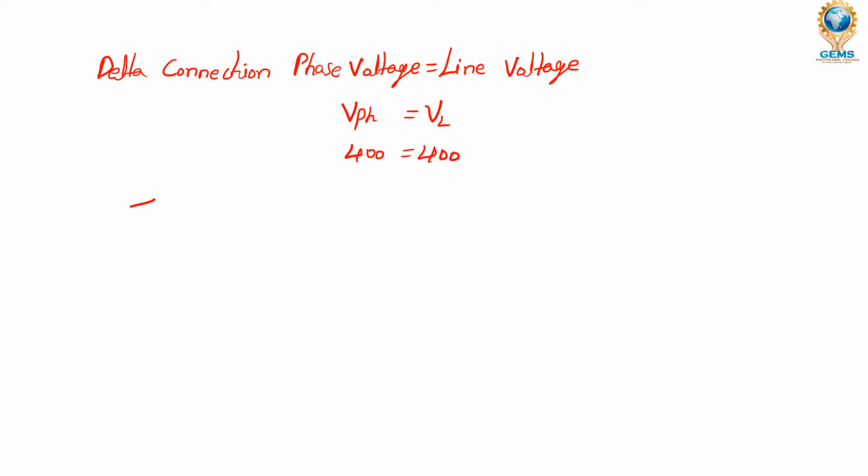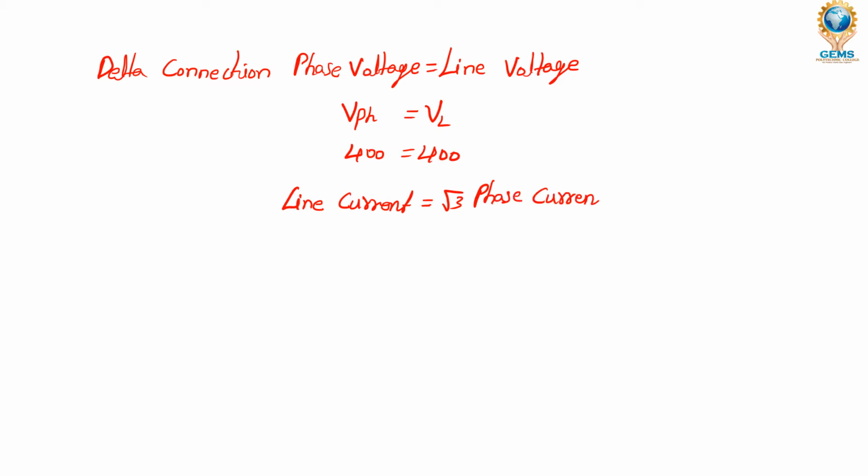Okay, let me clear one more here. In delta connection, phase current, here you can see line current is equal to root 3 times of phase current.